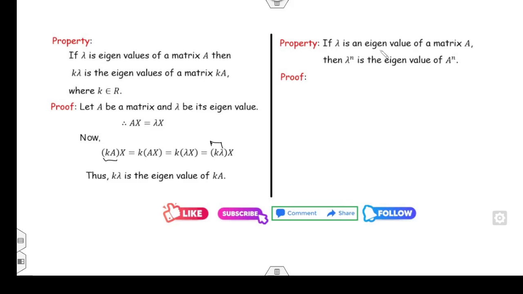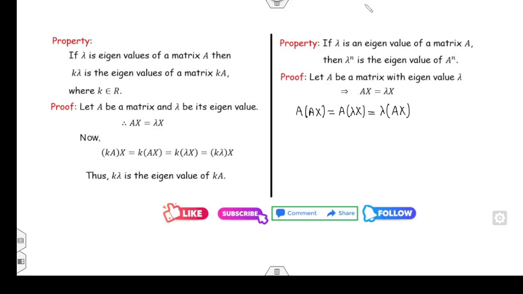Similarly, the next property is: if lambda is the eigenvalue of A, lambda raised to power n is the eigenvalue of A raised to power n. So by the definition, let's start with A square. How can you find A square? I can pre-multiply both sides by A. So that will be A into AX, which is equal to A into lambda X. On this side, lambda is a constant, so I can take it outside, and it is A of X. I can substitute the value of AX again.